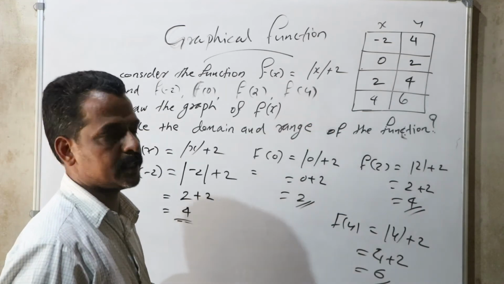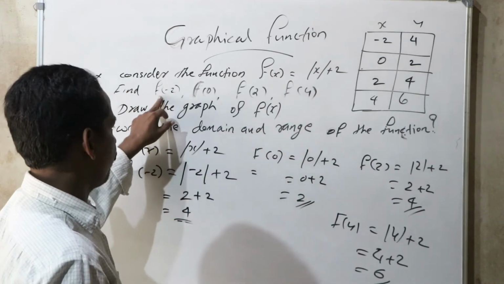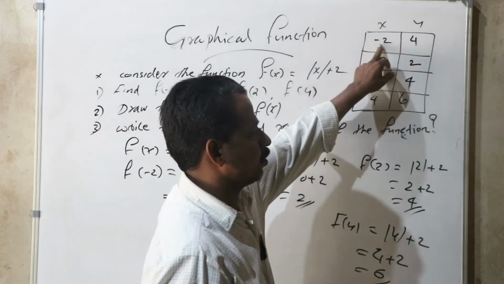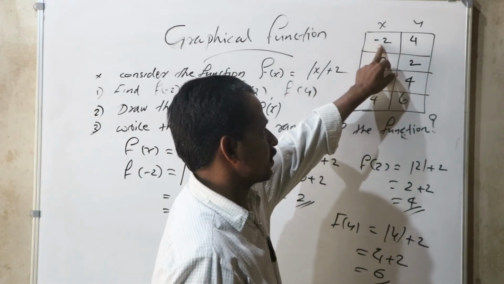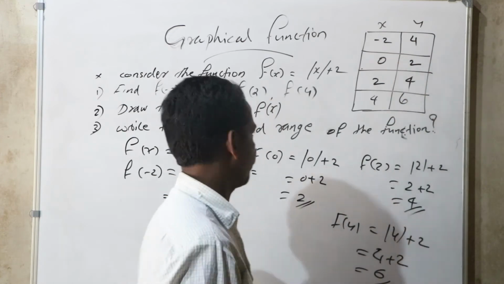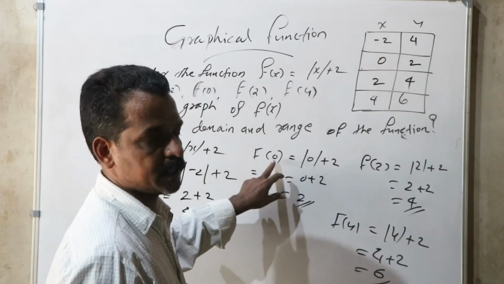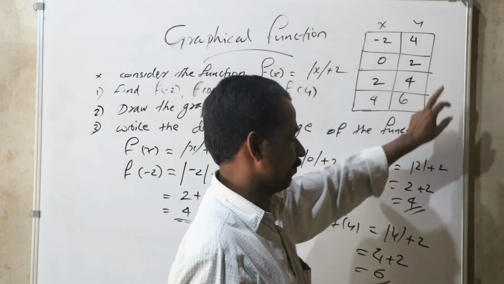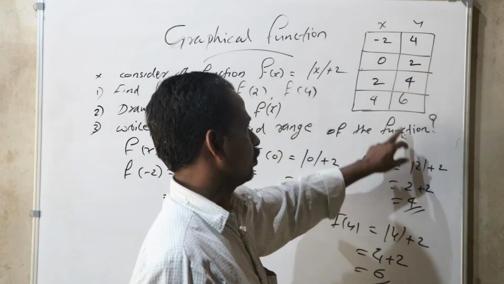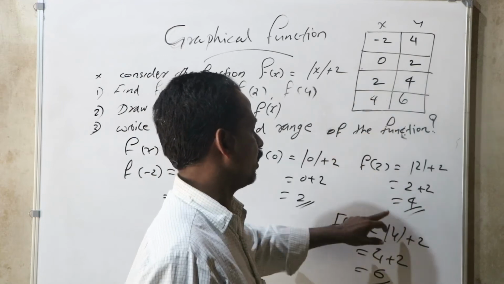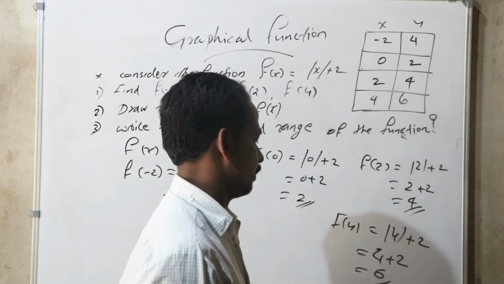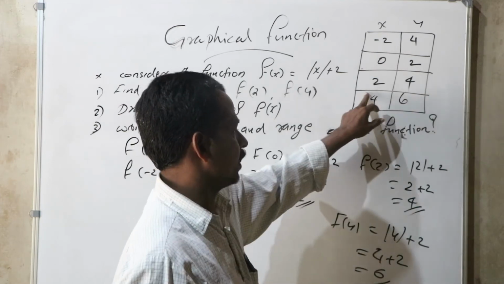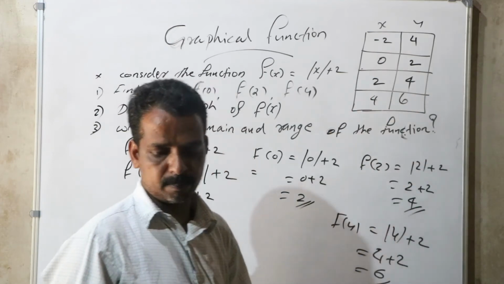How do we create this box? f of minus 2, answer 4: minus 2 is x, 4 is y. f of 0, 0 is x, answer 2 is y. Then f of 2: 2 is x and 4 is y. Then 4, 6: 4 is x, 6 is y.